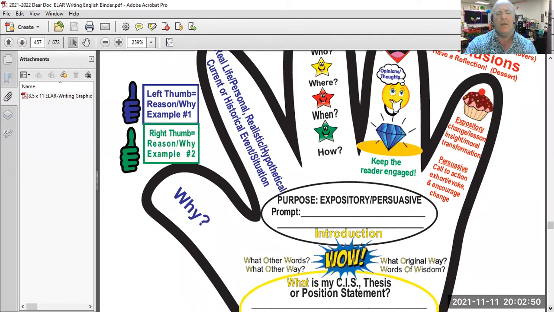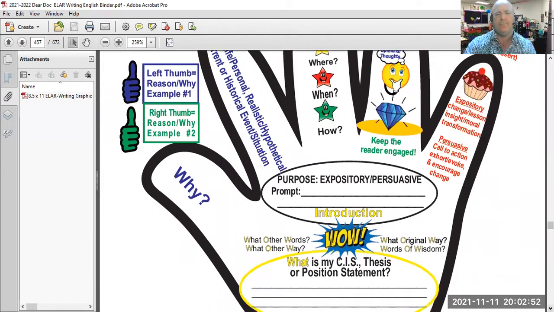All right. Now, remember, think of the red light as the topic. What is the topic? The purpose is going to be expository or persuasive. So your students would circle one of those areas. They would circle expository or persuasive.